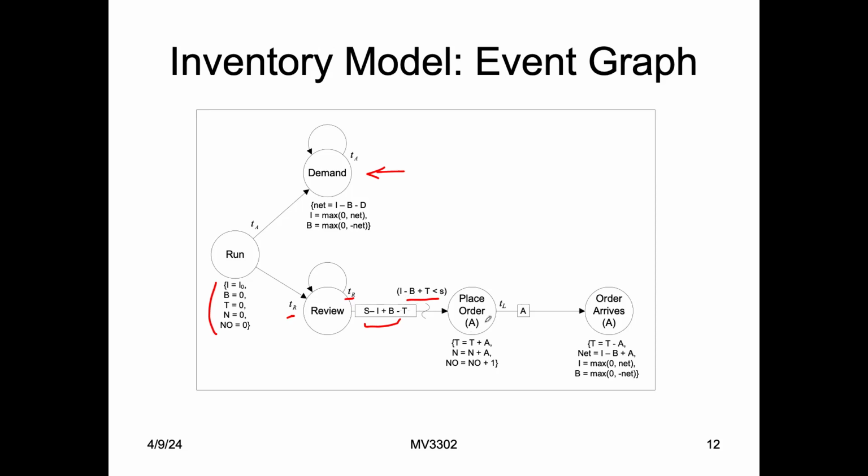So when I place the order, the event will now schedule an order for an amount A, which is the argument that was passed. Then notice the state transition. The total amount on order is now A more than it was before, and I have one more order that I've placed. So here's where I'm keeping track of some of the bookkeeping.